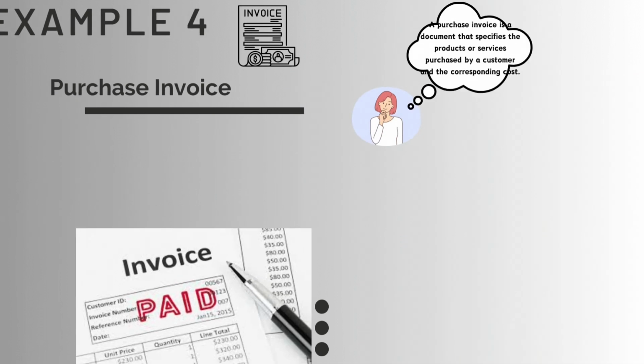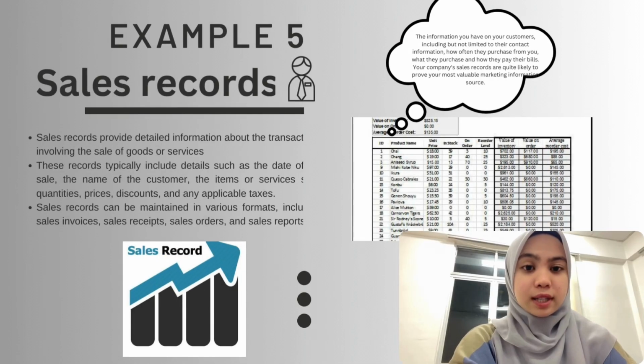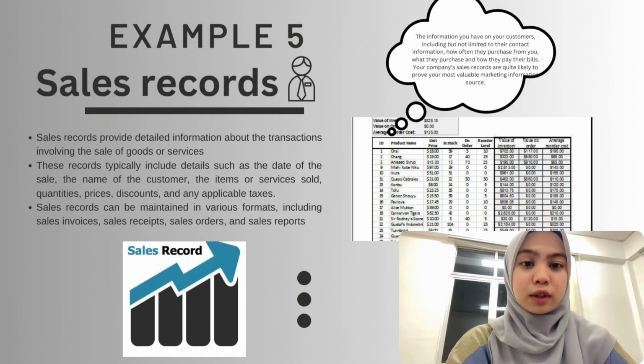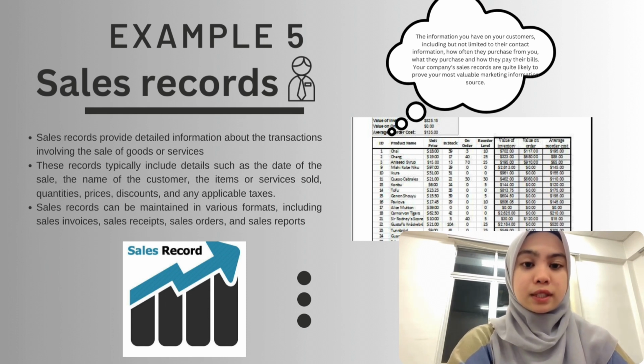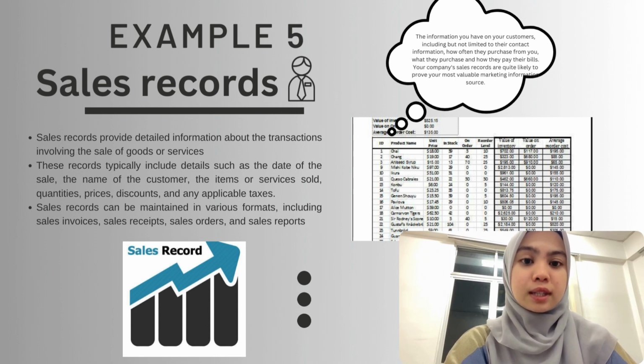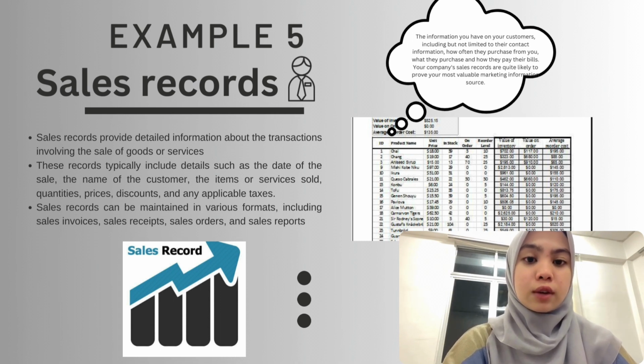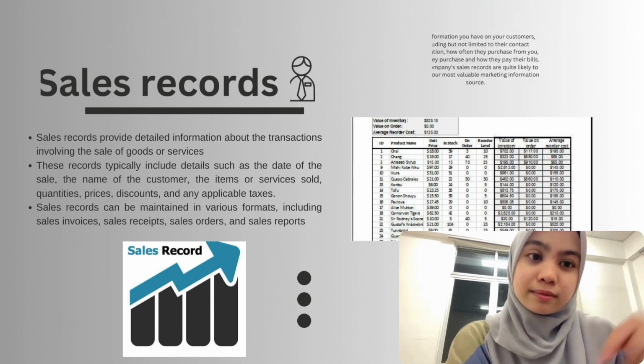Example number 5, sales record. The information you have on your customers, including but not limited to their contact information, how often they purchase from you, what they purchase, and how they pay their bills. Your company's sales records are quite likely to prove your most valuable marketing information.